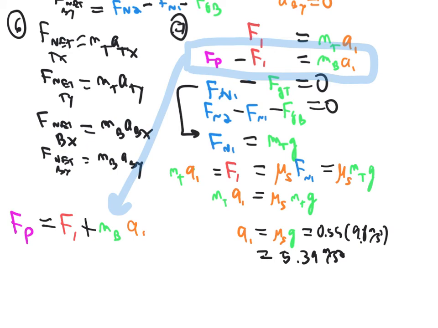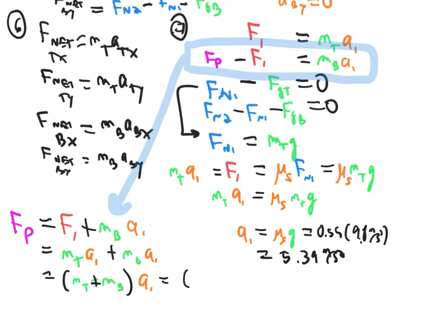But the frictional force, remember, was the mass of the top one times the acceleration. So we can write this as the sum of the masses times the acceleration. And we actually know all those numbers now.